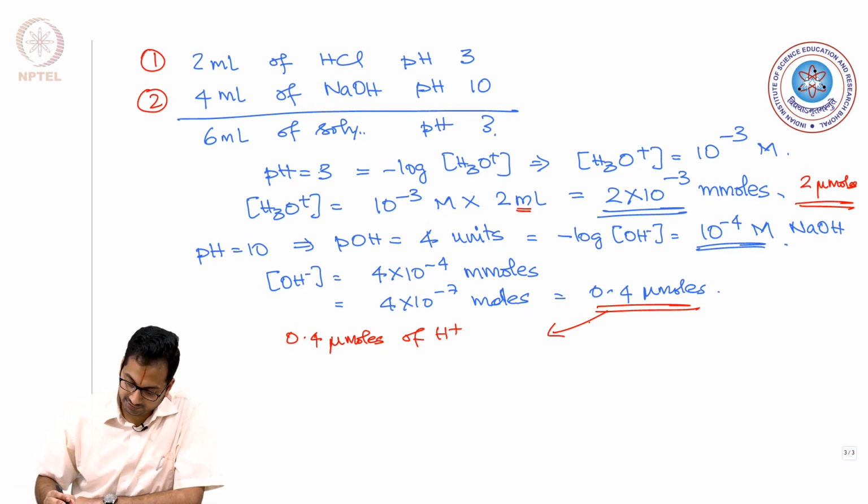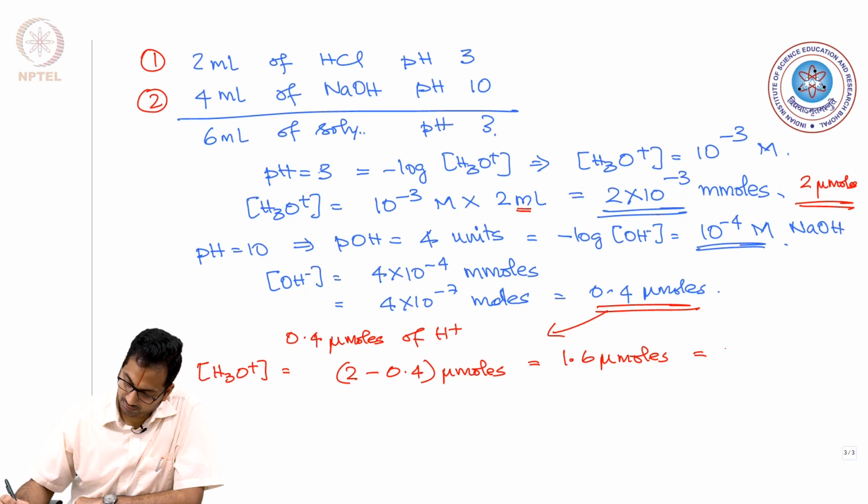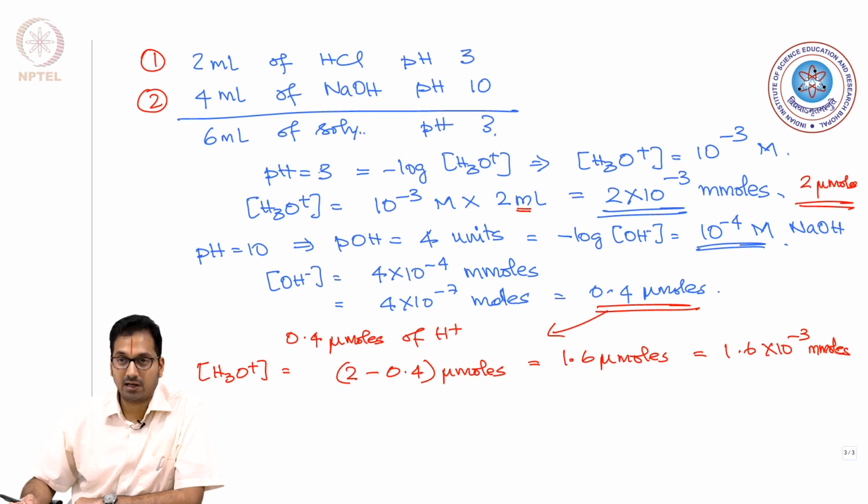So finally what ends up happening, the amount of H3O plus that is going to be present is going to be 2 minus 0.4 micromoles, that is going to end up as 1.6 micromoles. Of course, this can be rewritten as 1.6 10 to the power of minus 3 millimoles. Remember, we have to convert it back into concentration, which is in molarity. So therefore, how much ml?